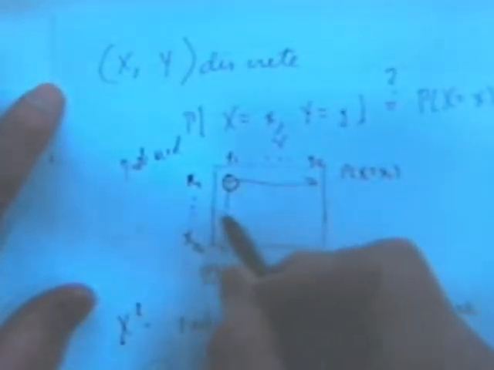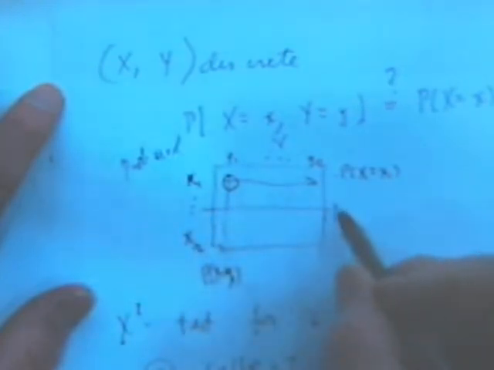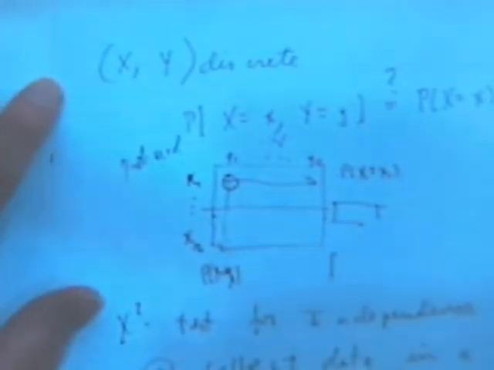If I ask you what's the probability that X is equal to this value, you add up those frequencies and divide by the total. And then this would be the number in column j. The n's cancel out, and you get the row total times the column total over the total number. So the expected frequency is easy to get.